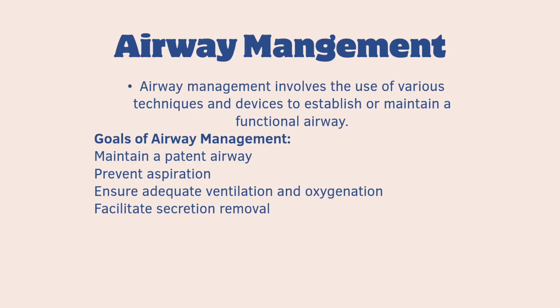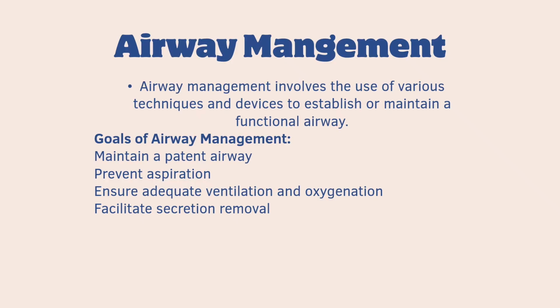There are different types of airways. The first one is artificial airway, which could be an endotracheal tube or a tracheostomy tube. They are used to protect the airway, and also for mechanical ventilation and frequent suctioning. The second one is adjunct airway, which helps prevent airway obstruction in unconscious and semi-unconscious patients.